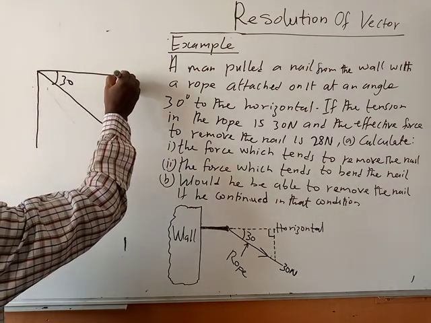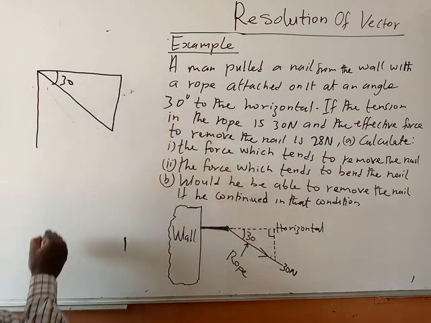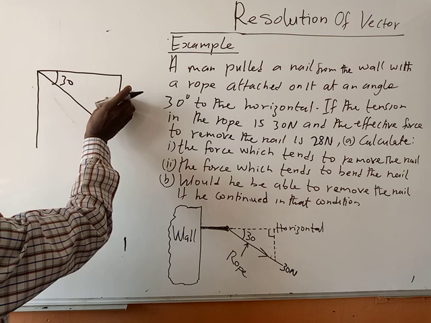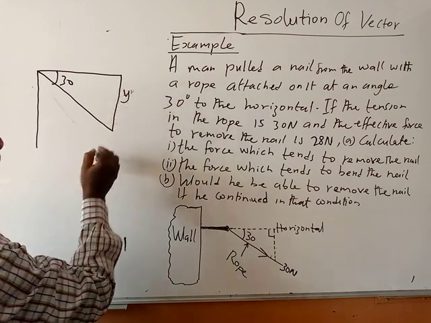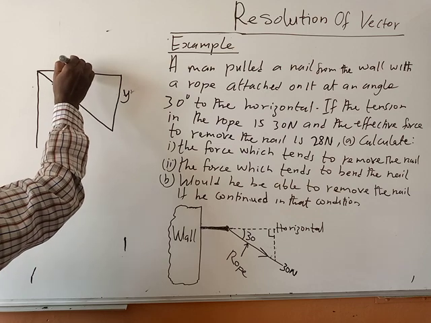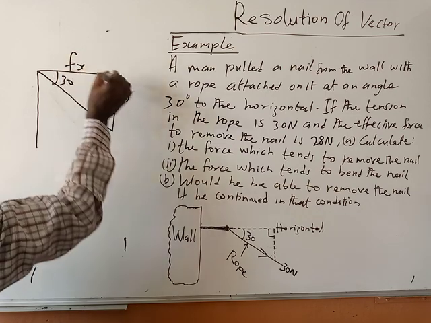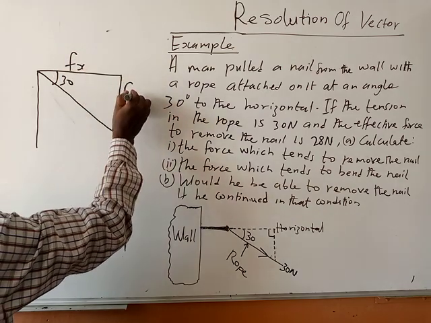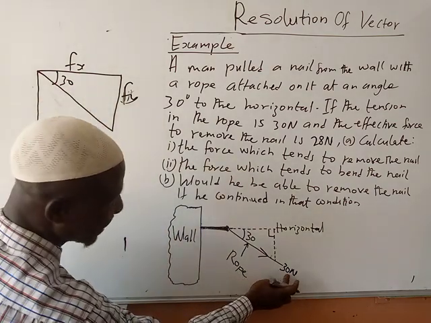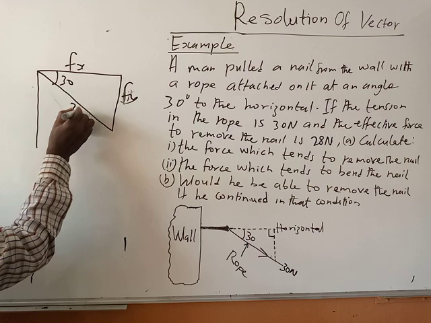Then let's make it a right angle triangle. So this vertical component is the same thing as this side, so we call it Fy. Then this is the horizontal component of the force, let's call it Fx, while this one will be Fy. Then this force itself is given, which is 30 Newton. We have 30 here.